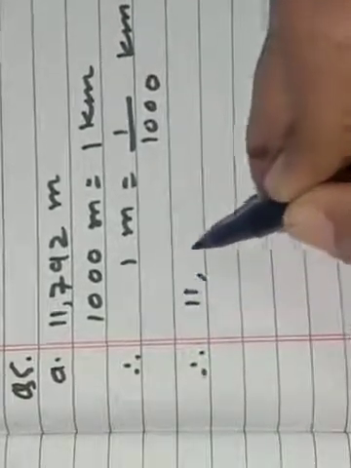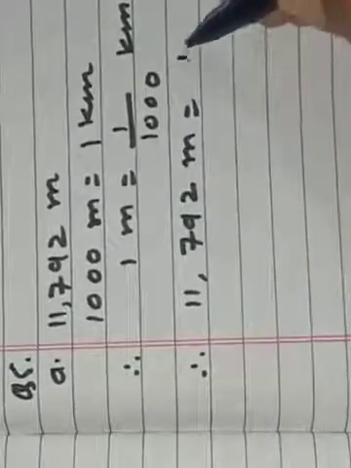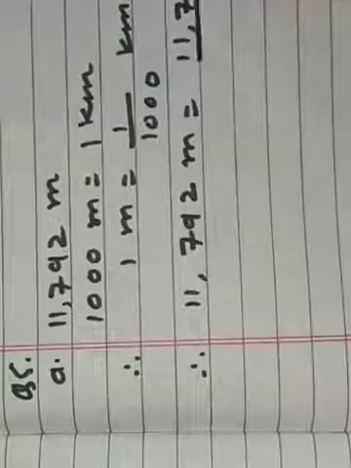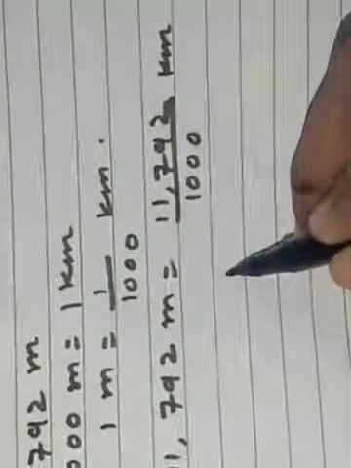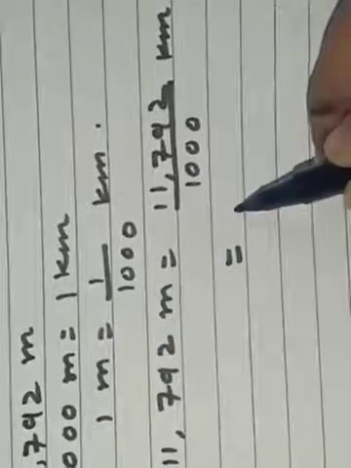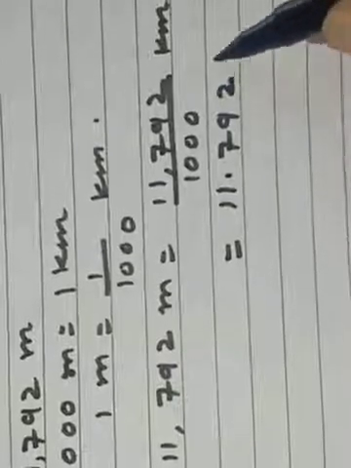Therefore, 11,792 meter is equal to 11,792 divided by 1000 kilometer. Therefore, it will be 11.792 kilometer answer. Okay. Like this you can solve all the questions in question number 5.